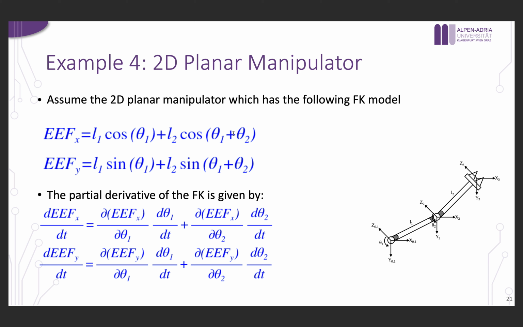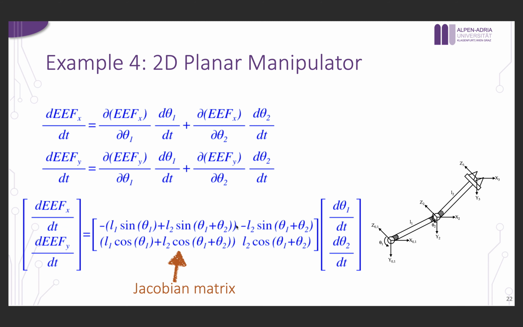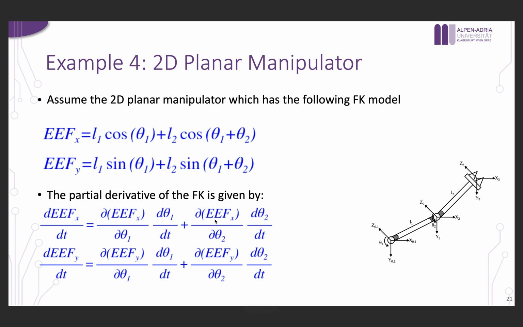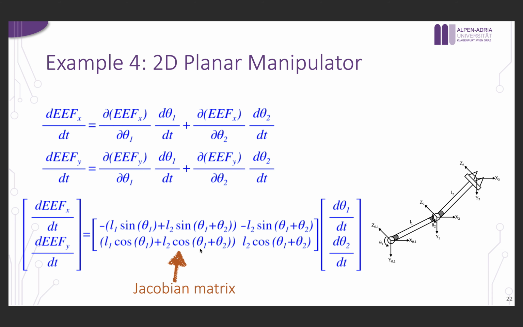So we differentiate this equation with respect to theta 1, and we get this term here. This one represents the differentiation of x with respect to theta 2. The differentiation of y with respect to theta 1 and y with respect to theta 2 represents the second row here. Okay, and this is my Jacobian matrix.